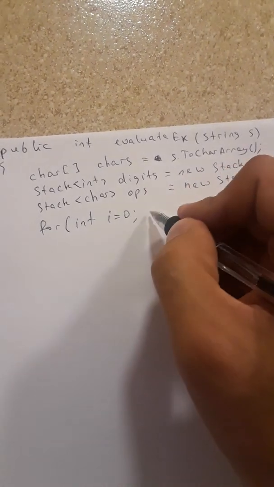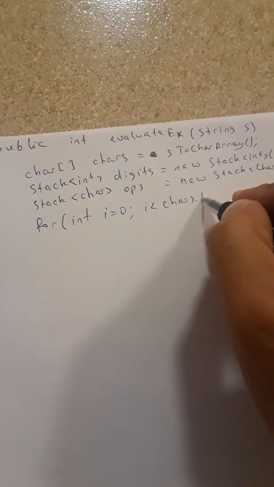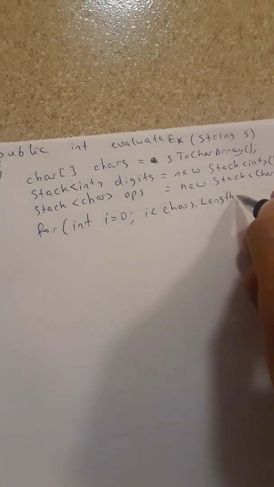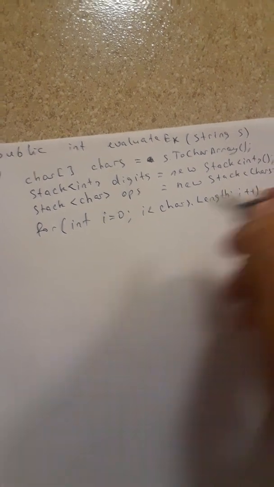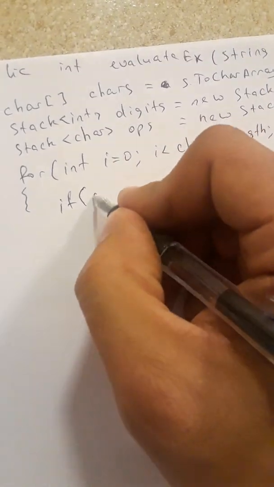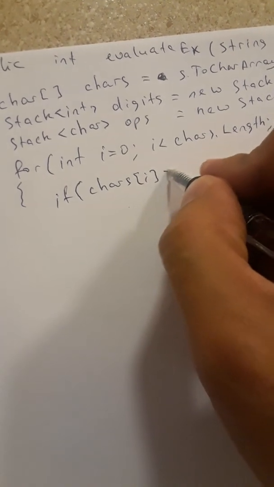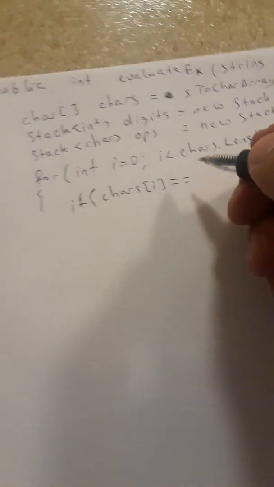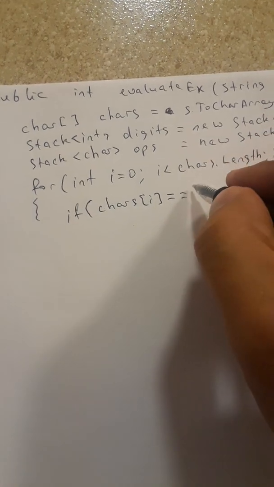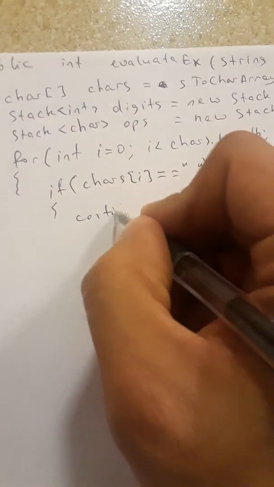If the character in the array is neither a number nor an operator, I mean if it is like white space, we'll just continue.